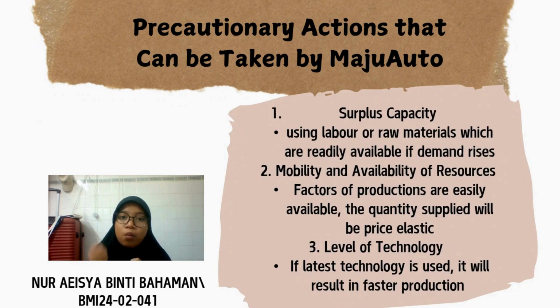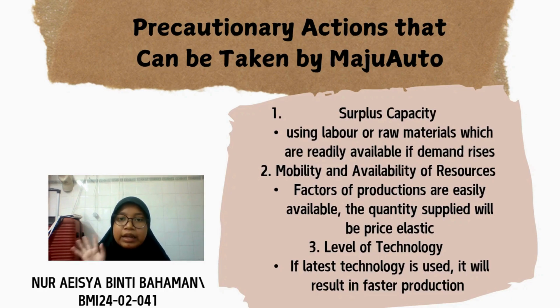And so what can Majo Alto do to increase the supply is through these three steps, which are the precautionary actions. The first includes surplus capacity, which is by using labor or raw materials that are readily available if demand rises.